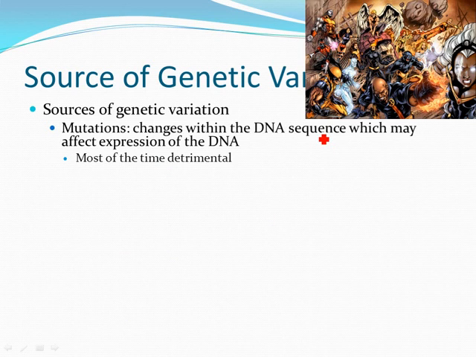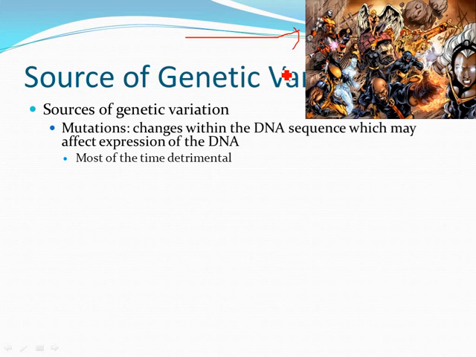So it's very few times that we'll actually have some sort of superpower or something beneficial in that particular instance. But it does occur, right? We talked about how there's pesticide-resistant insects and antibiotic-resistant bacteria and things like that. So it does occur.